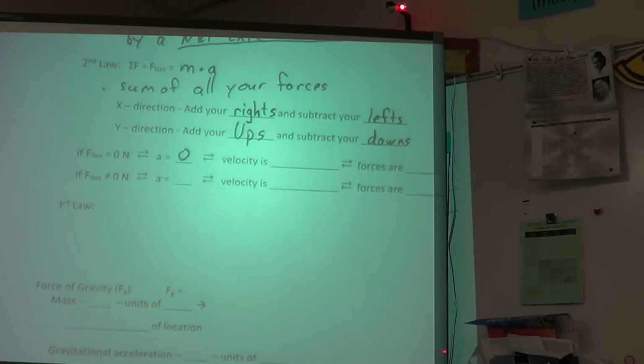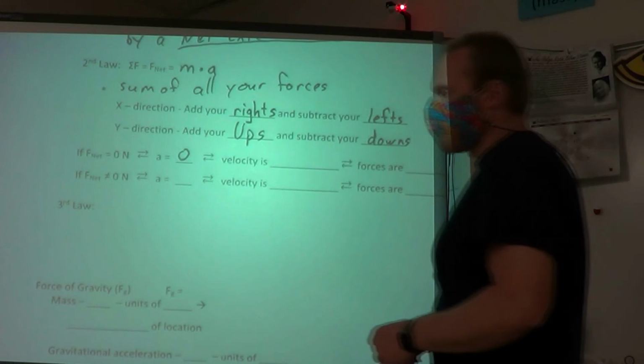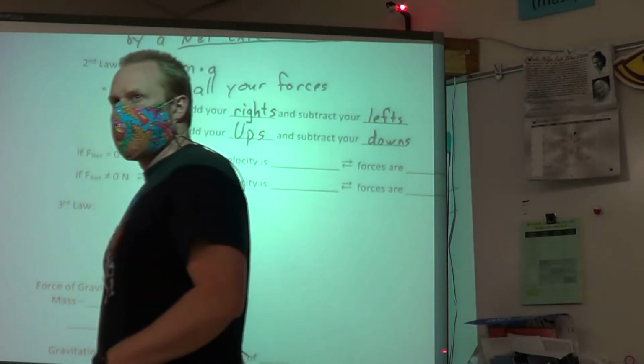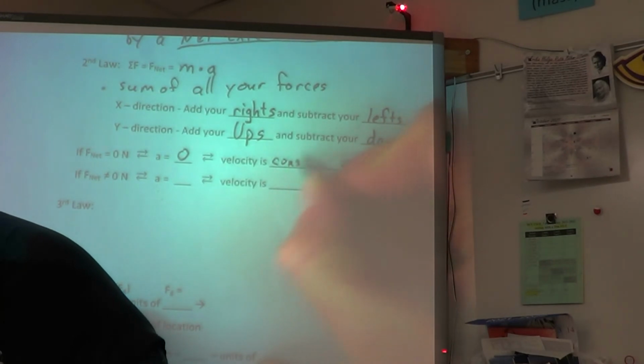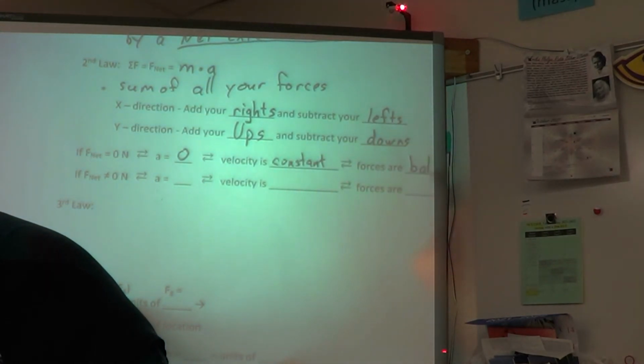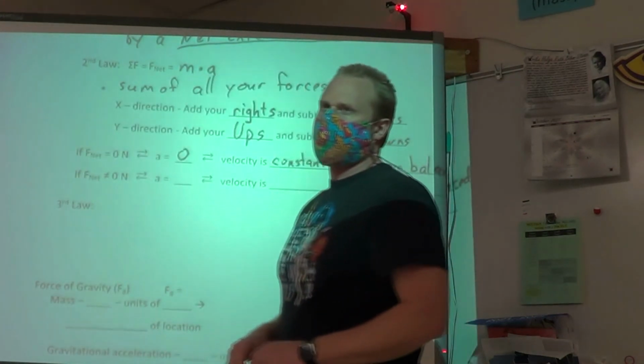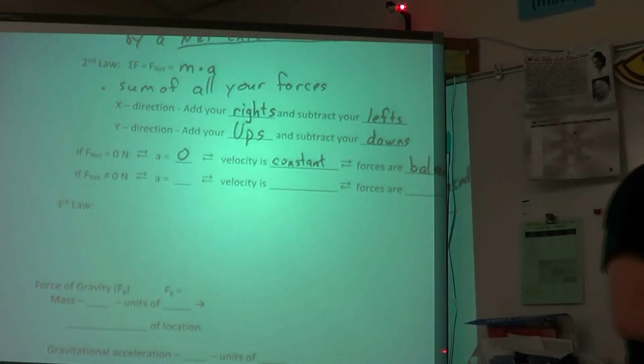And if my acceleration is 0, what does that tell me about my velocity? It's constant. So my velocity is constant, which means my forces are balanced. In the x direction, my rights minus my lefts equal 0.